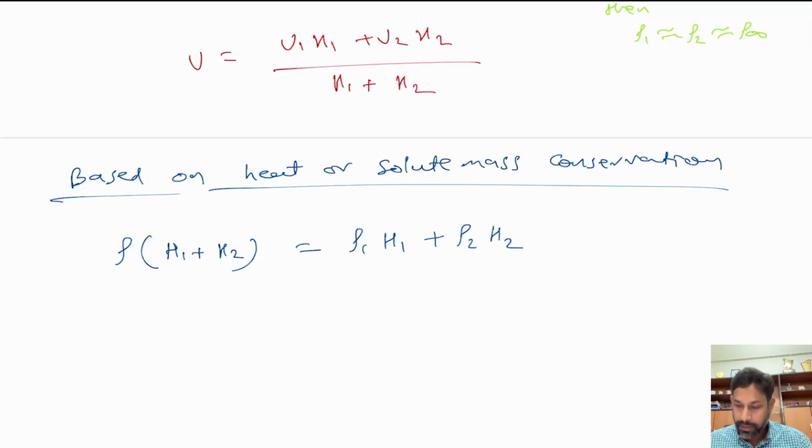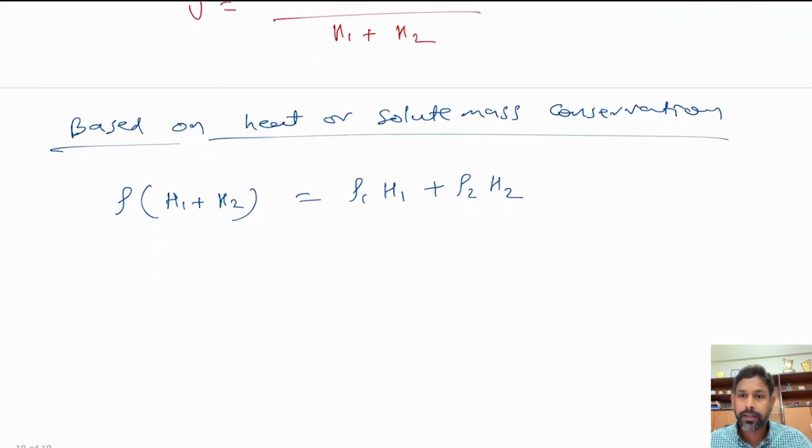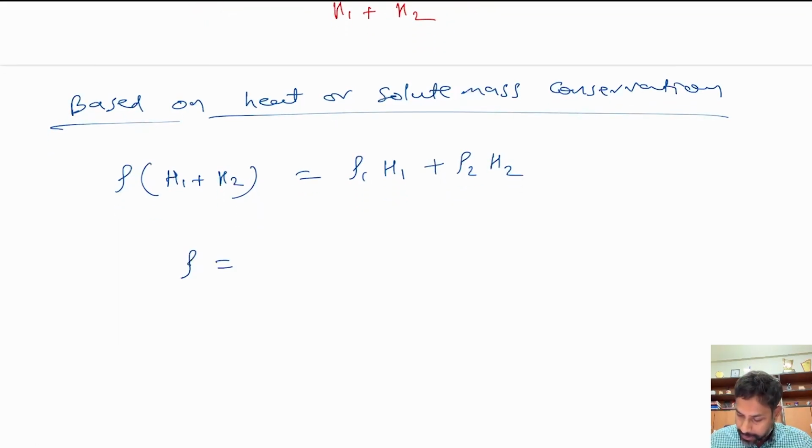Okay, so this is coming from heat conservation or solute mass conservation, depending on whether the stratification is because of different temperature or different concentration. So this gives us depth average density, that is rho 1 h1 plus rho 2 h2 over h1 plus h2.